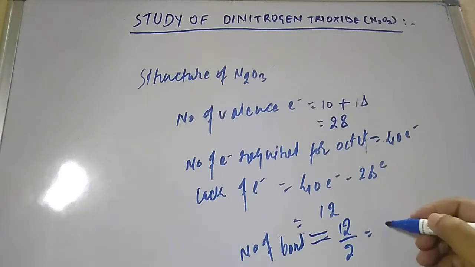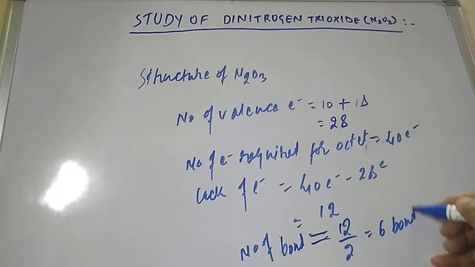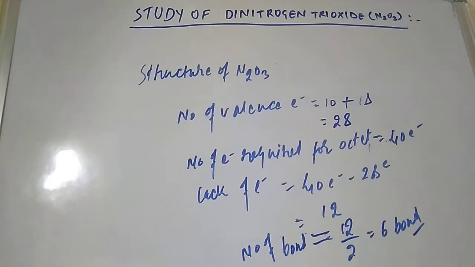Each bond is 2 electrons, so 12 by 2 gives 6 bonds. The total number of bonds in this case will be 6.